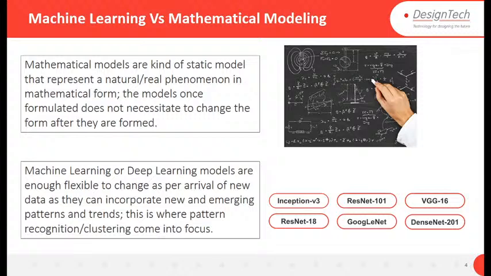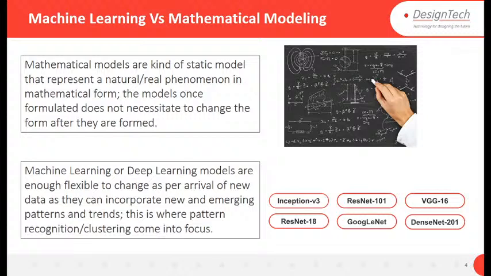Vice versa is machine learning. Machine learning or deep learning models are flexible enough to change on arrival of new data, as they can incorporate new and emerging patterns and trends. It means once you create a machine learning or deep learning model, and new trends, new data, new requirements are coming, your machine learning model will be updated.